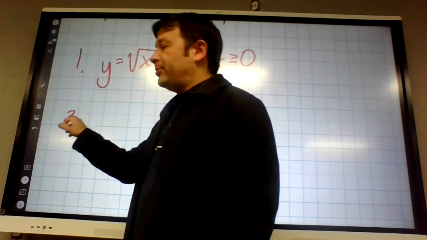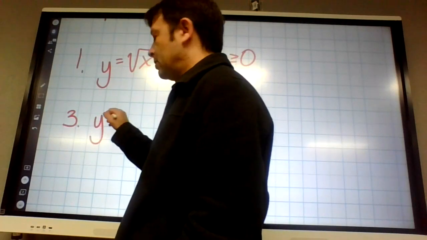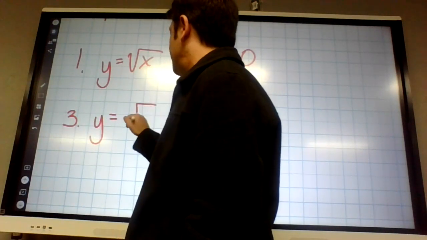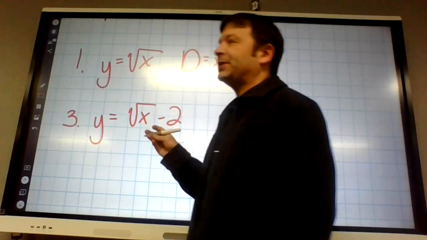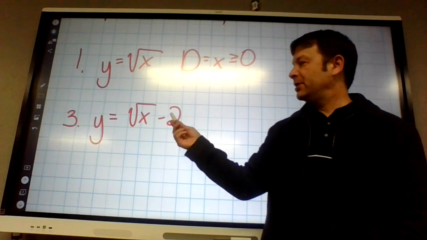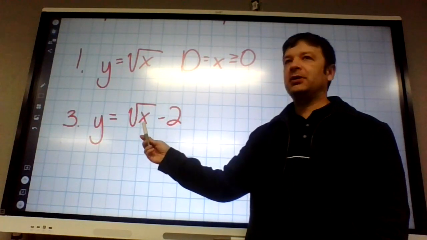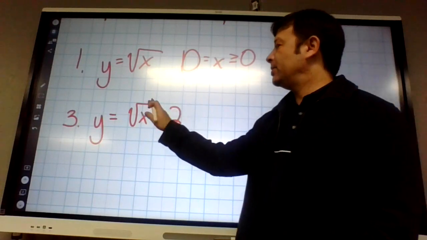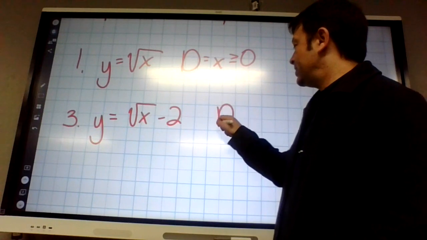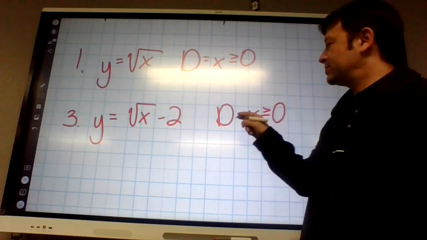Okay, number 3. What do you guys think this -2 does to the graph? We've seen stuff like this before. It lowers it, it moves the graph down. What possible x values can we use in here? Anything that doesn't make the radical negative, right?